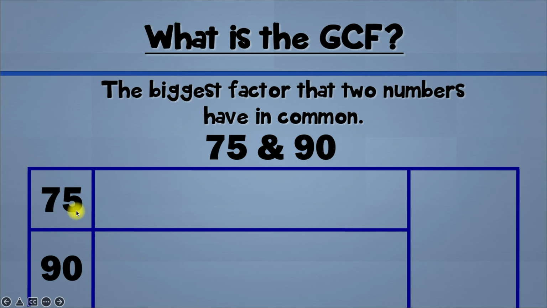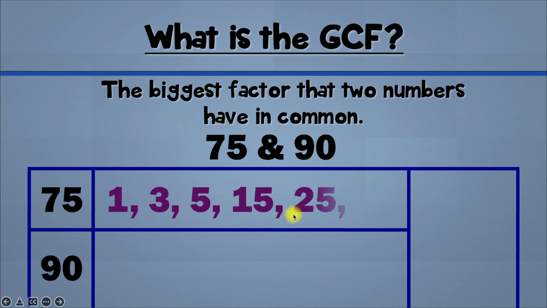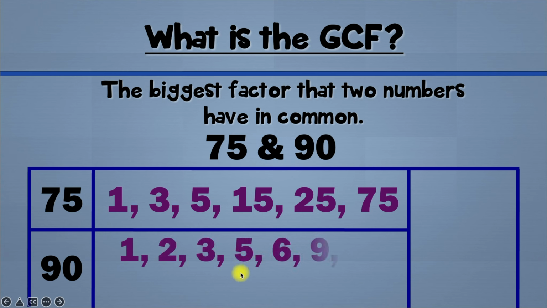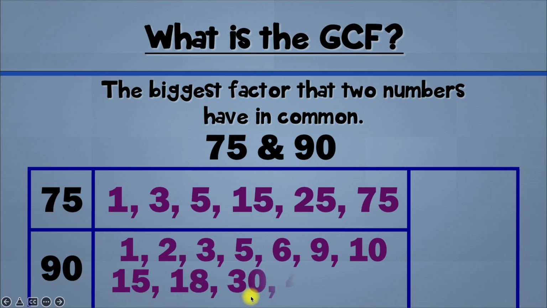The factors for 75 are 1, 3, 5, 15, 25, and 75. And for 90, there's a lot, and here they are. We've got 1, 2, 3, 5, 6, 9, 10, 15, 18, 30, 45, and 90.